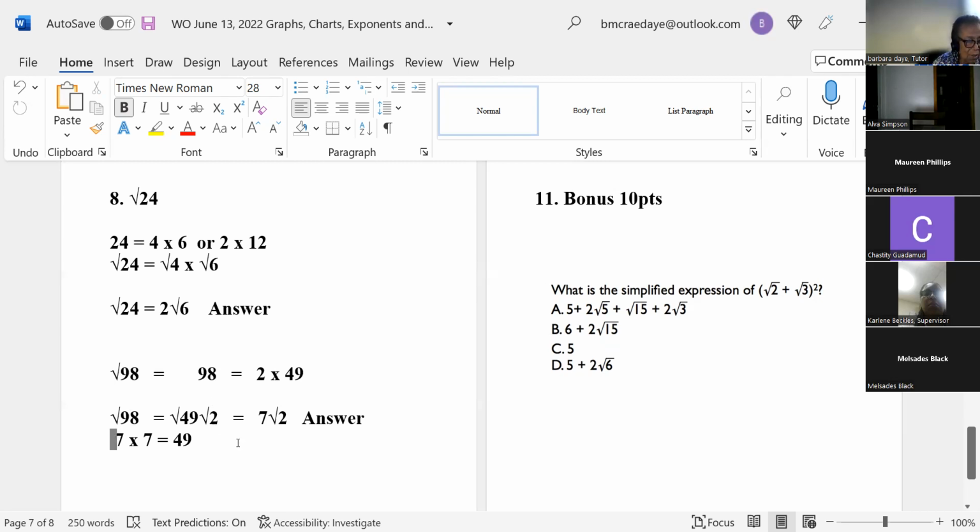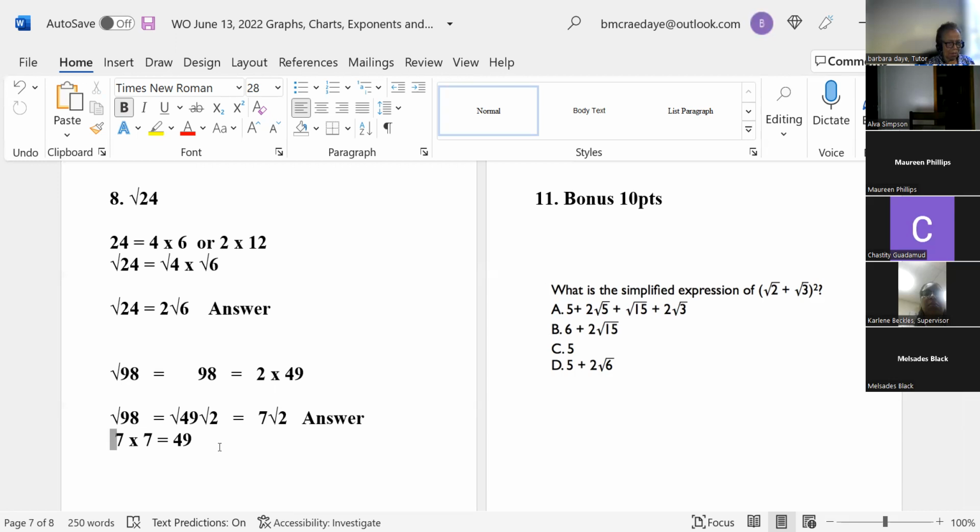No, miss, I'm talking about the 98 answer. I am saying if you have 7 with the square root of 2, am I saying it wrong? Anyone looks at it, if you put that for the answer for 98, we understand that 7 times 7 is 49 times 2 gives you 98.